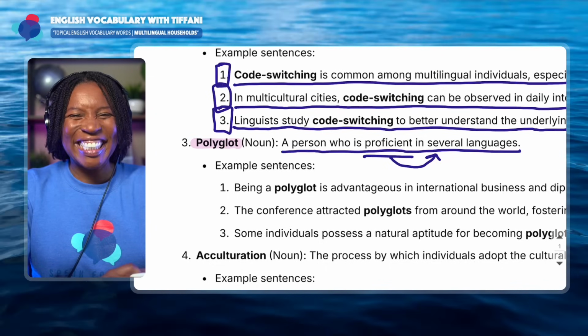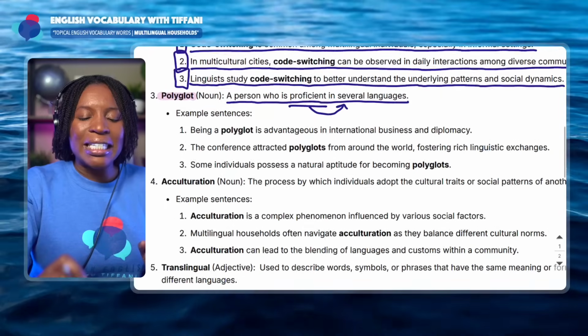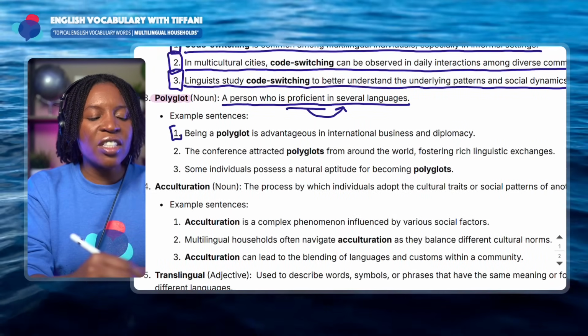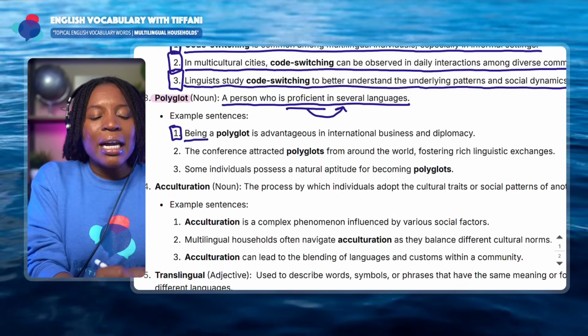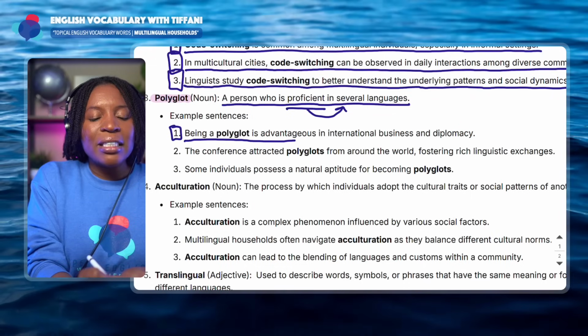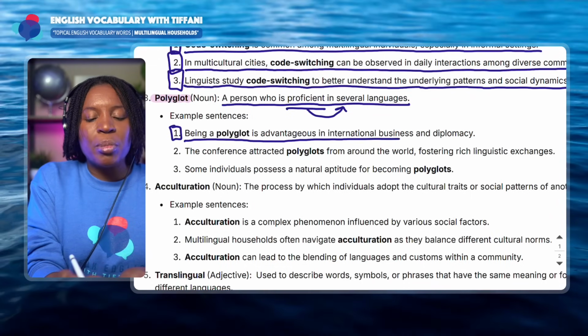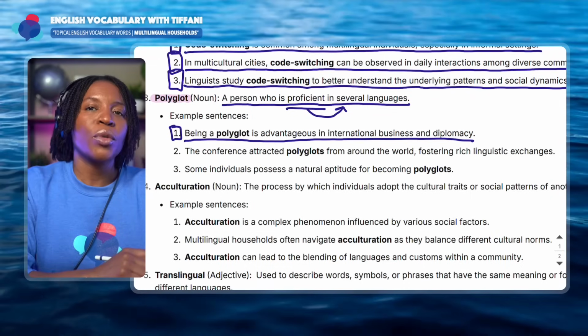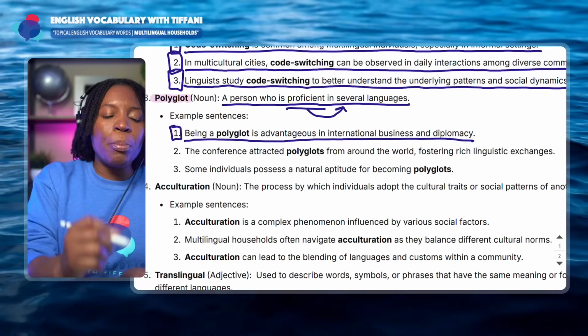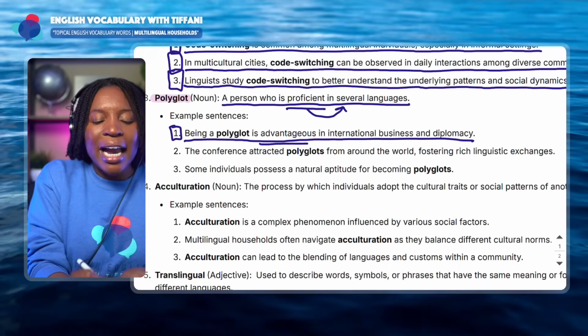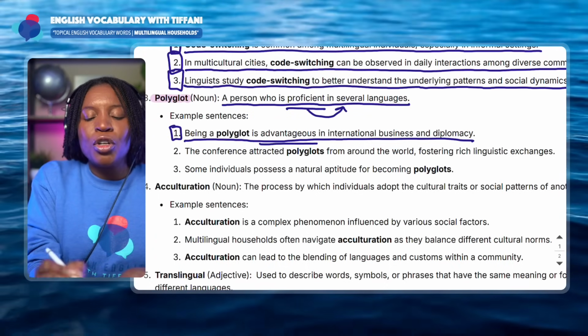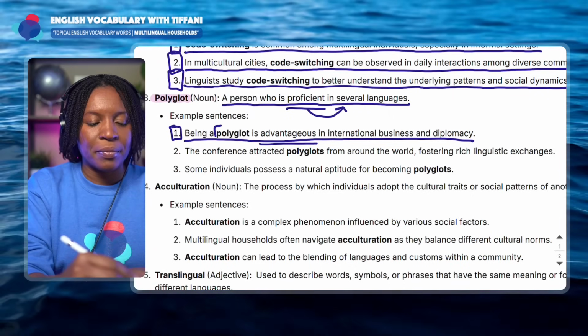You got it? Excellent. All right, let's check out the example sentences. Here we go. Sentence number 1. Being a polyglot is advantageous in international business and diplomacy. Once again, being a polyglot is advantageous in international business and diplomacy.